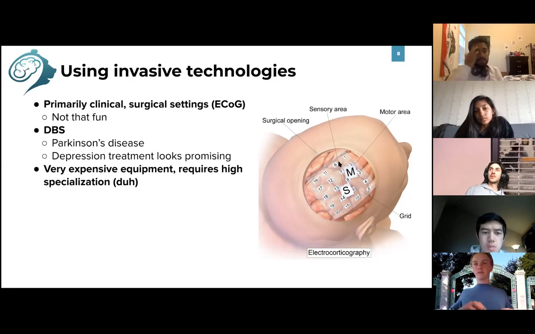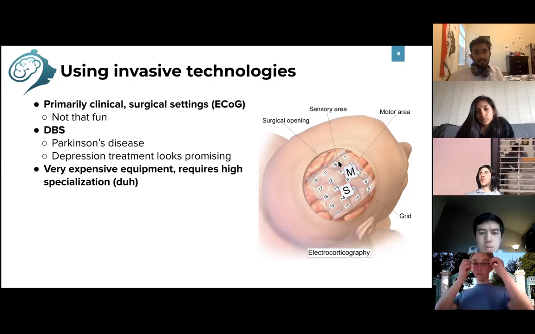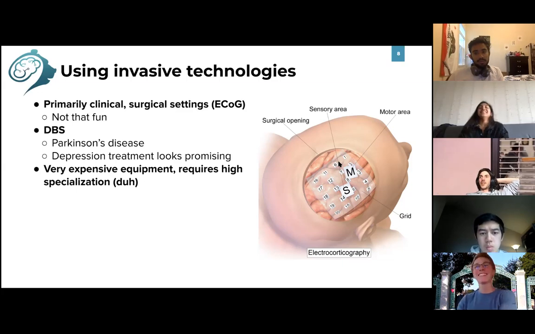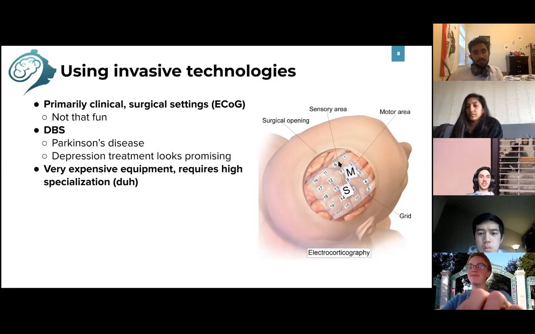Let's say you're epileptic and you don't know what brain tissue is causing it. They open your head, put that array inside, find exactly where that spot is, and then proceed surgically. So it's used primarily in clinical and surgical settings, and it's not that fun a way to interact with the brain.